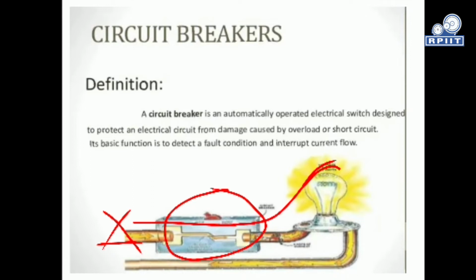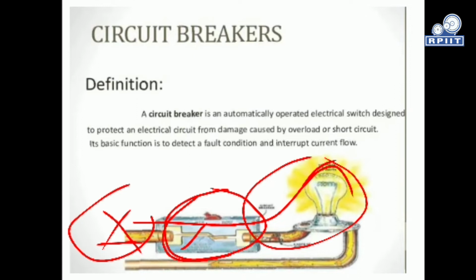Whenever there is a fault, it will be detected by this relay which is put together with this circuit breaker. Then it will trip the circuit and open this contact, and this will separate the load from the faulty line. So it gives protection to our healthy circuit from the unhealthy one.